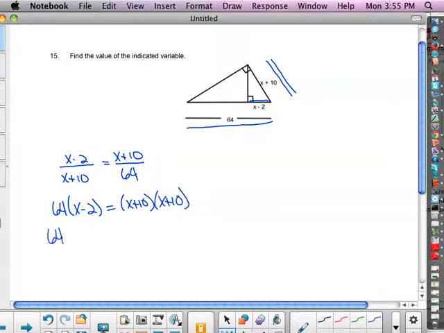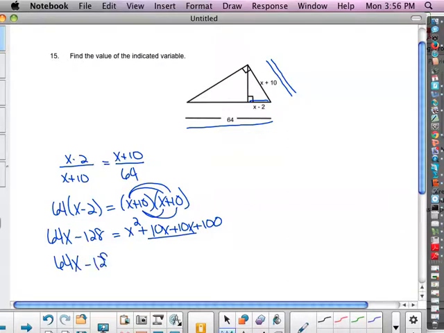So 64X minus 128 is equal to X squared. FOIL X plus 10 times X plus 10, which is X squared plus 10X plus 10X plus 100. Combine like terms. So you have 64X minus 128 equal to X squared plus 20X plus 100.